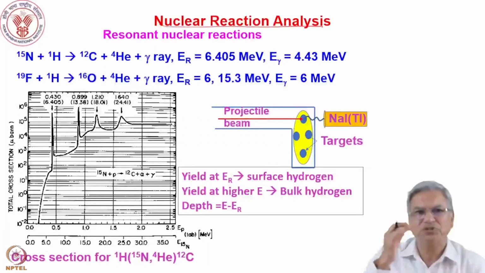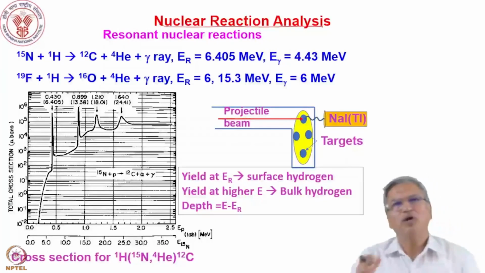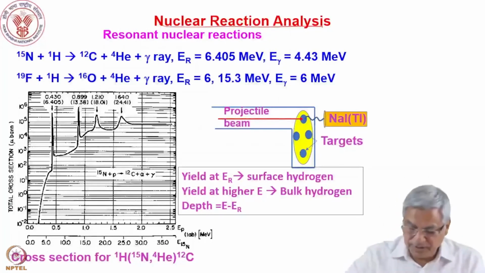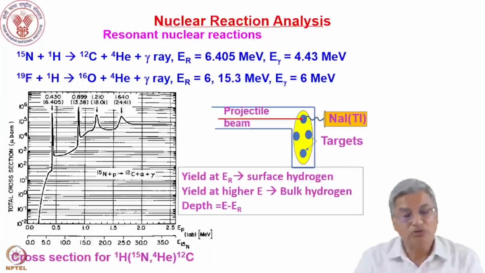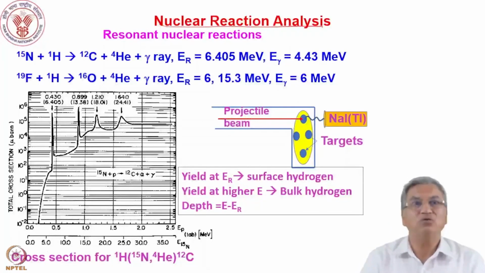There is a distinction between what NRA techniques I am discussing. They are based on the resonance in the nuclear reaction cross section. Those techniques which are based on the resonances in the nuclear reaction cross sections we will call NRA.